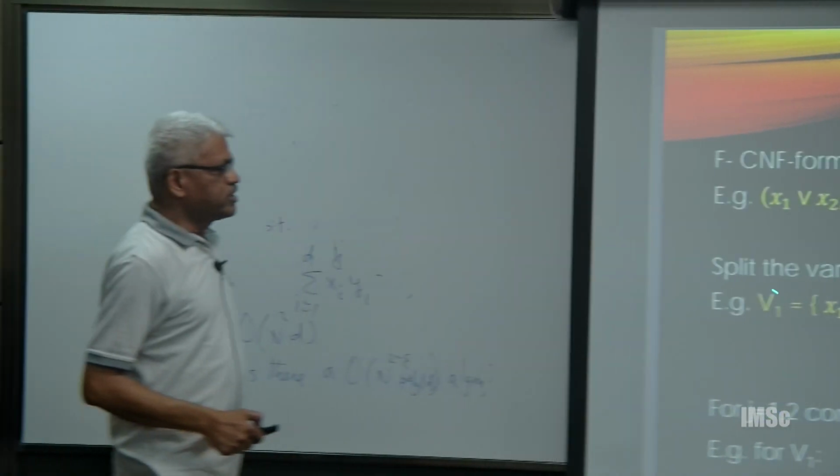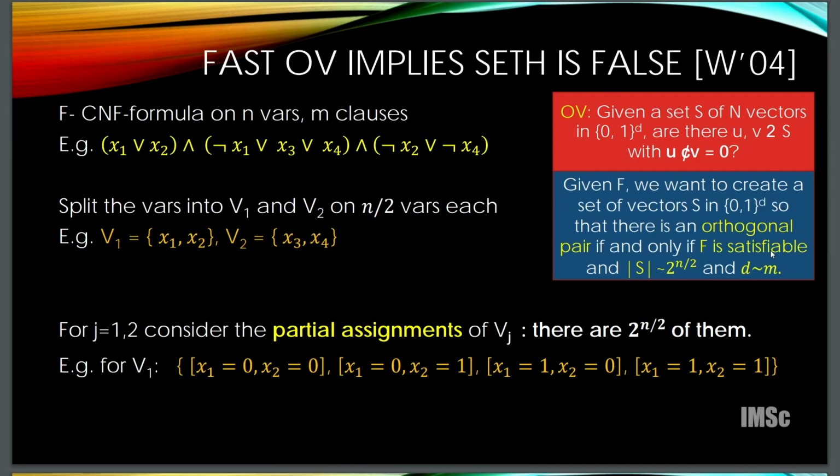So, here I have this formula on n variables and m clauses. Let us say this is my formula. I split the variables into V1 and V2, which I called S1 and S2. V1 contains the first two variables, V2 contains the second two variables. There are 4 variables. And I look at the partial assignments of Vj, so x1 equal to 0, x2 equal to 0, and so on.